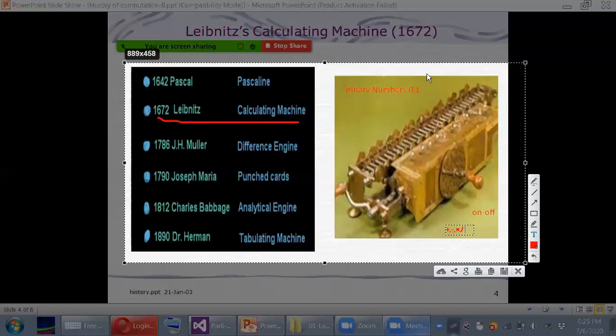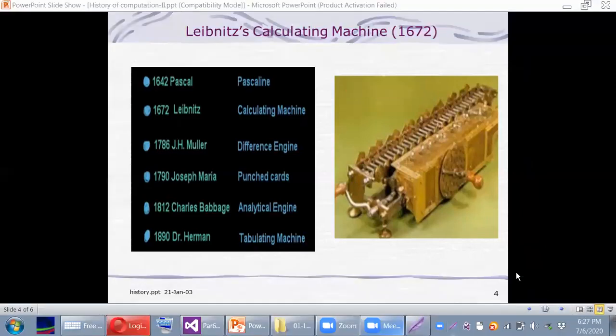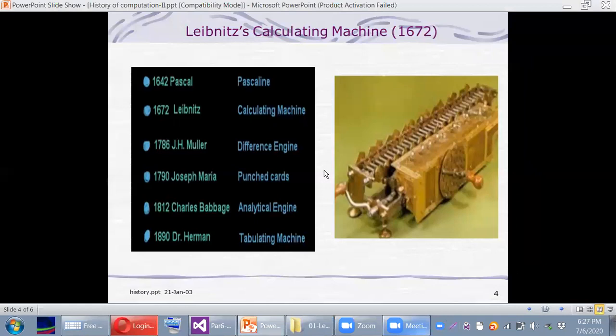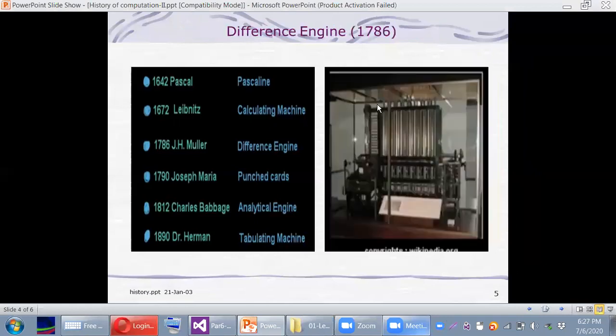So these are the characteristics of Leibniz calculating machine. This was one of the most important computing devices in the history of computers. Now let's discuss another very important and significant computing device, which is called the difference engine.